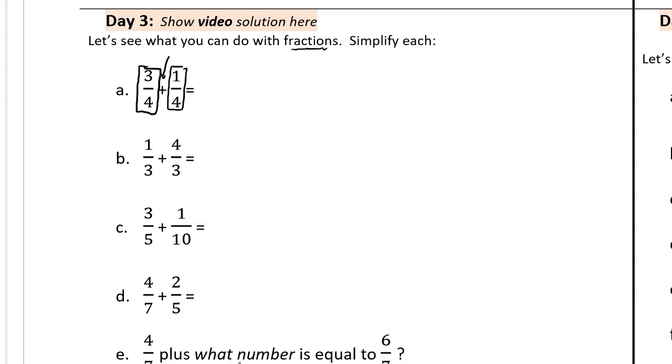The operator is addition. Now fractions can be more challenging to work with than integers because fractions show relationships between two numbers. The fraction 3/4 is showing a relationship between 3 of something and 4 of something.